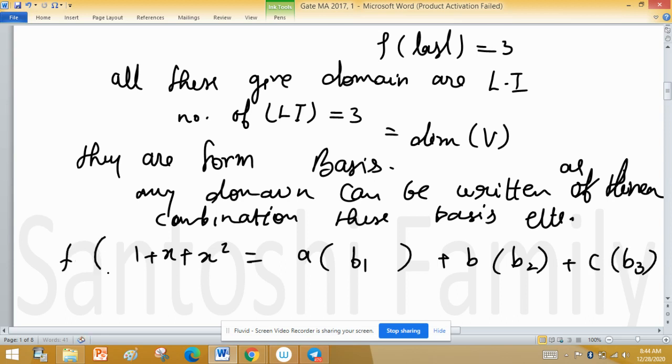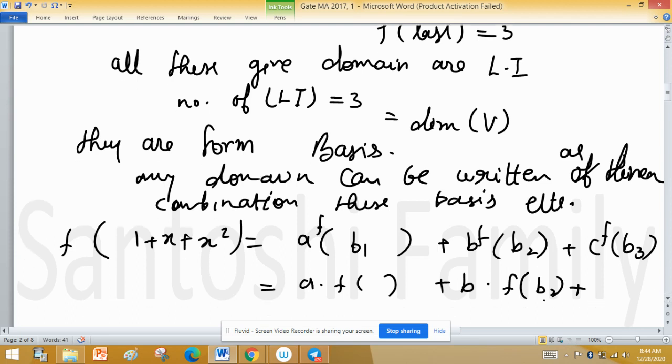Applying the function f and using linearity, it becomes a times f of the first basis element, which is given to us, plus b times f of the second basis element, which is also given, plus c times f of the third. So we only have to find a, b, c. This is the technique to solve this problem.